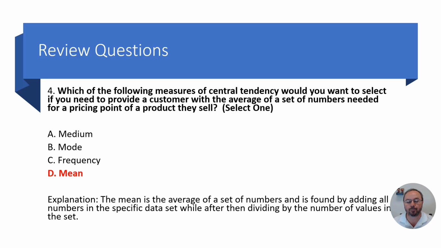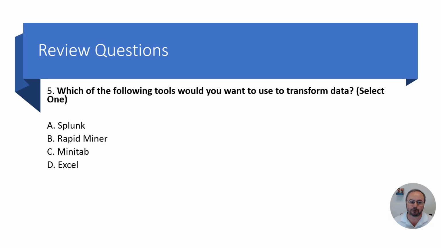Now, for the Data Plus exam, it goes without saying, it is going to be interesting for someone new to the world of data who doesn't exactly know off the top of their head the difference between mean, median, mode. For example, those three can be very confusing, especially if you don't have it memorized. So please make sure you know those three. You will likely see these definitions on the exam more than a few times.